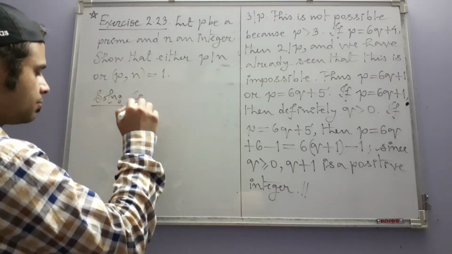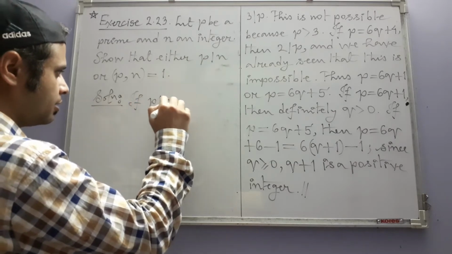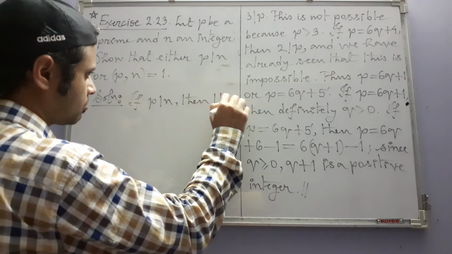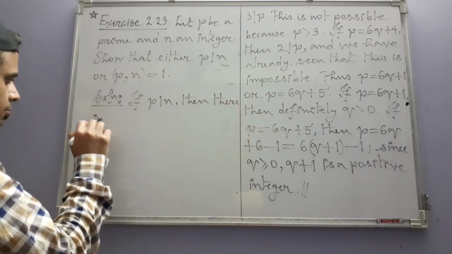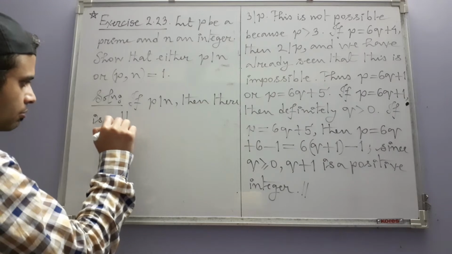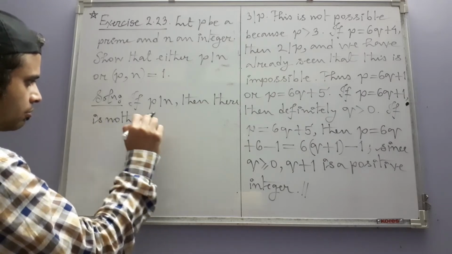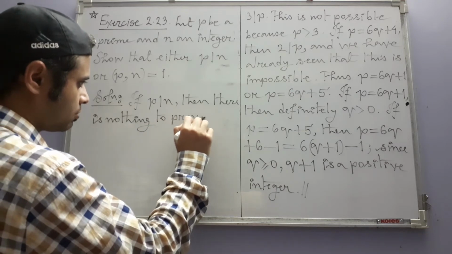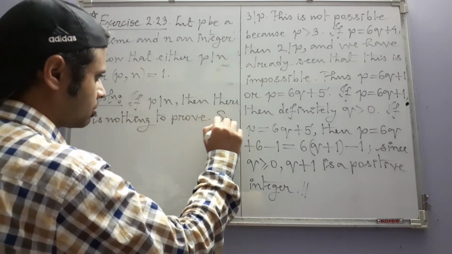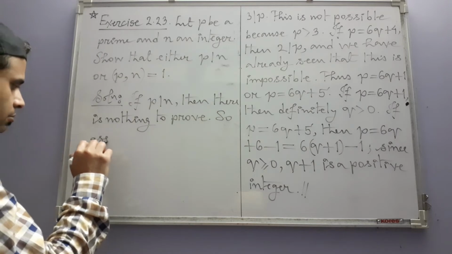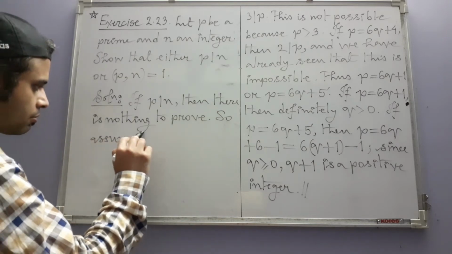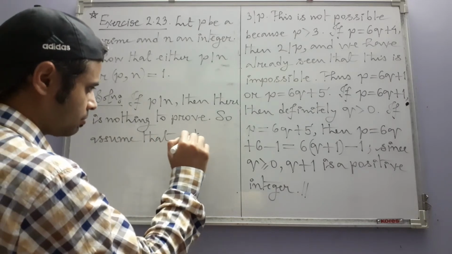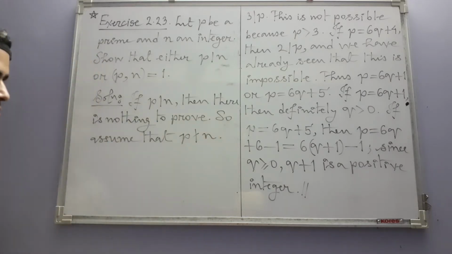If p divides n, then there is nothing to prove. So assume that p does not divide n.